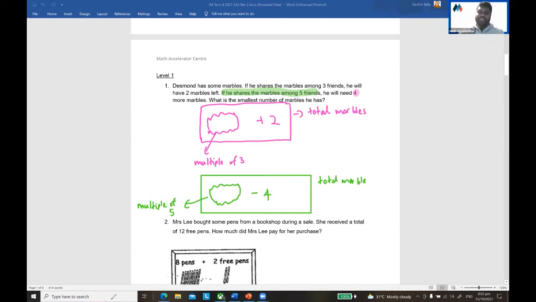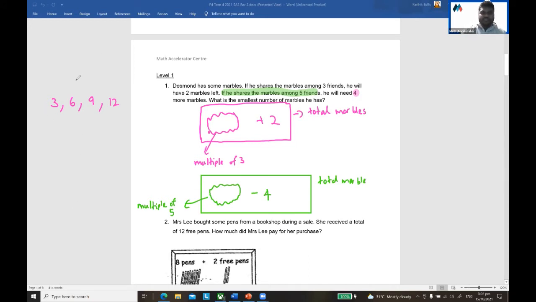Once you establish this, now we have to guess and check. Let's look at the first scenario. Multiples of 3, so let's write down 3, 6, 9, 12. You want the smallest possible number, so let's give it a try.